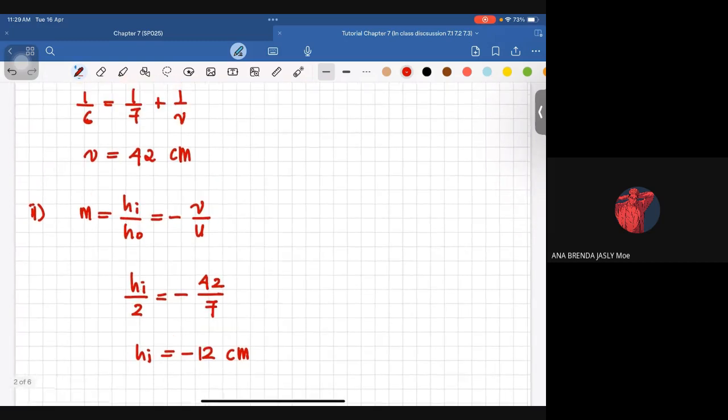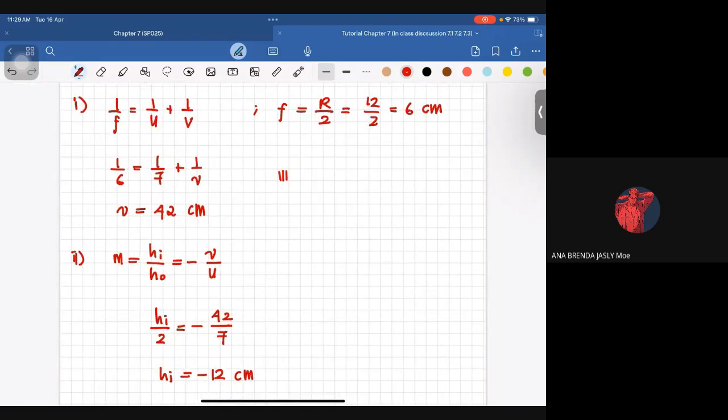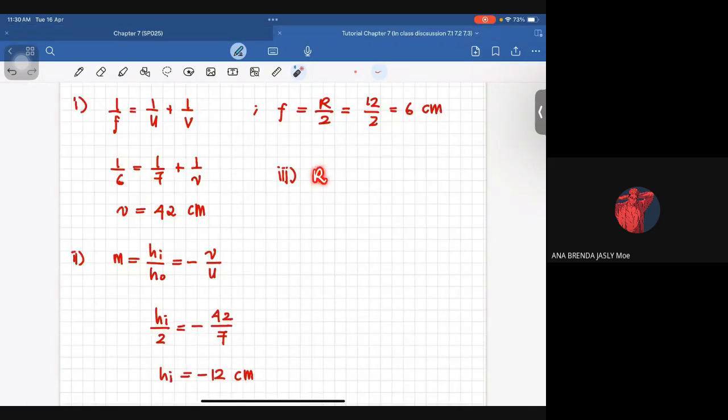Right, so next one, dia suruh pula kita determine the characteristics of the image. So the characteristic of the image is based on what we've calculated lah. Okay, untuk image distance ni, first one kita dapat dia positive. So what does a positive image mean? It is a real image. So itu characteristic kita yang pertama, which is real.